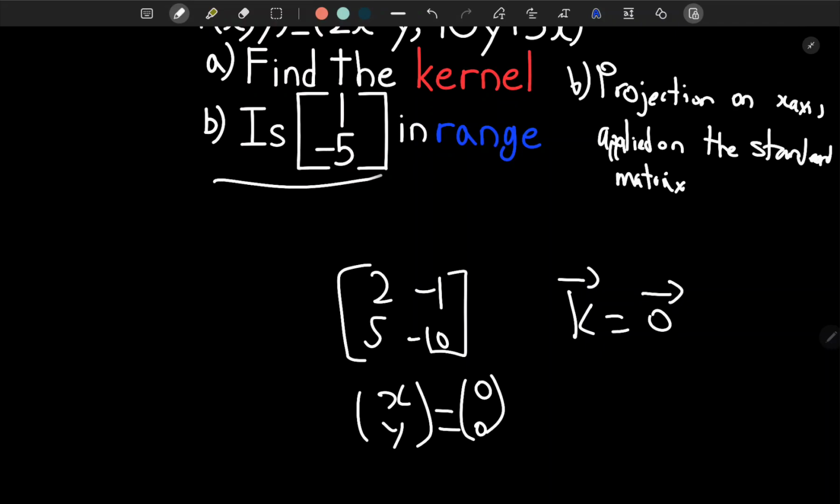And our next question is whether 1 minus 5 is in the range. And as we mentioned before, if the kernel is 0, meaning that each of x and y are independent of each other, we can have any matrix in the range, right?